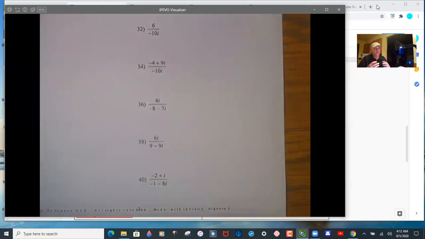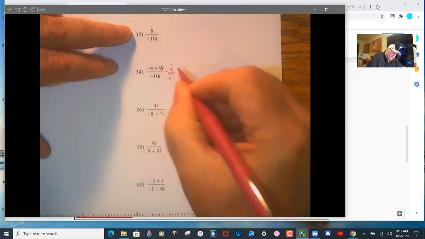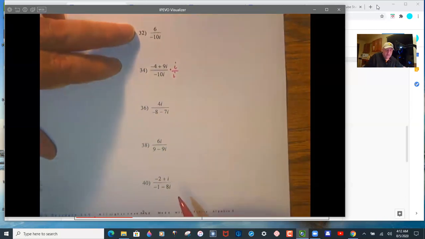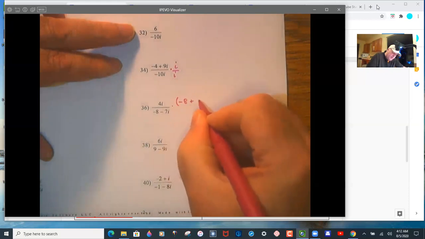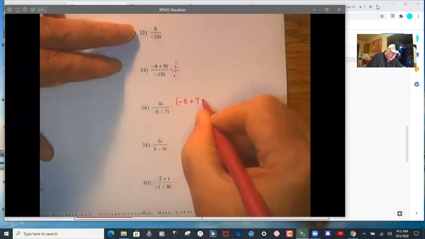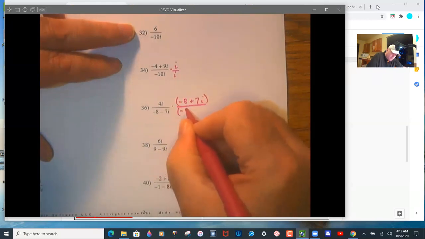So when dividing, you've got to multiply the top and bottom by i if it's just a single i term, and then if you have a complex number, that means a number plus an i term, you've got to multiply by its conjugate. This is the work.